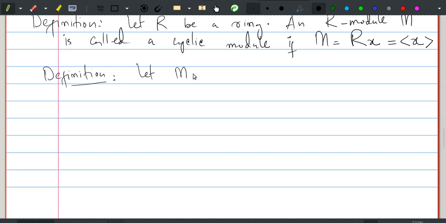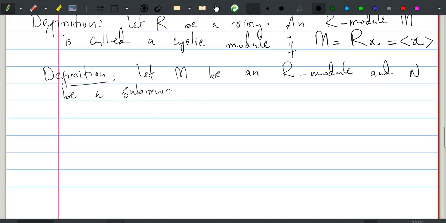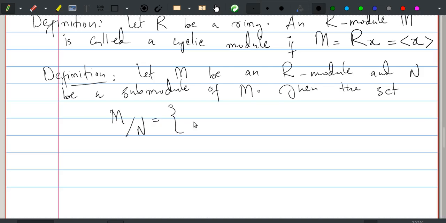Let M be an R module where R is a ring and N be a submodule of M. Then the set M mod N consists of elements of the form m plus N, where m is in M.